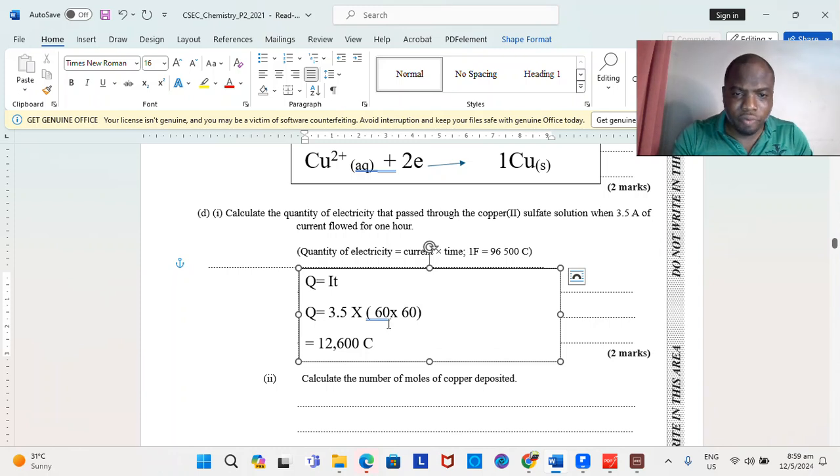So we would have gotten 12,600 coulombs. So this is a charge that is going through.